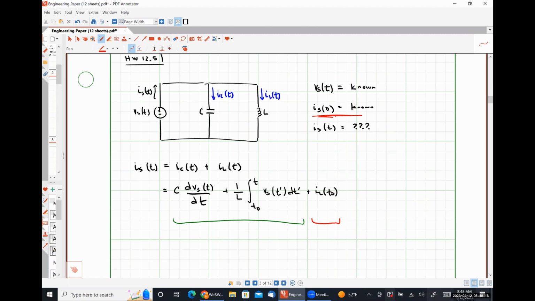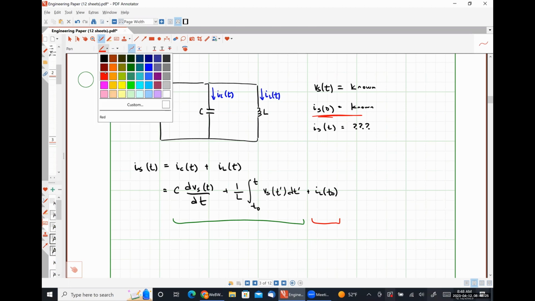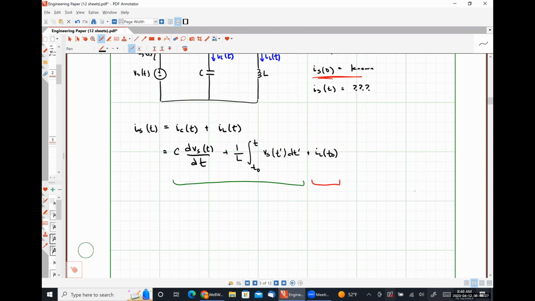So Mason is on the right track here. Okay. So he suggested that IL is equal to IS minus IC. Now this is true because Kirchhoff's current law tells us it is.